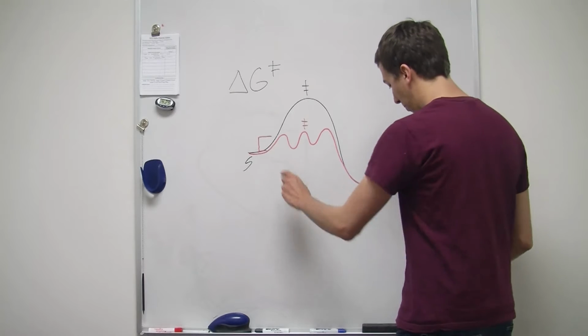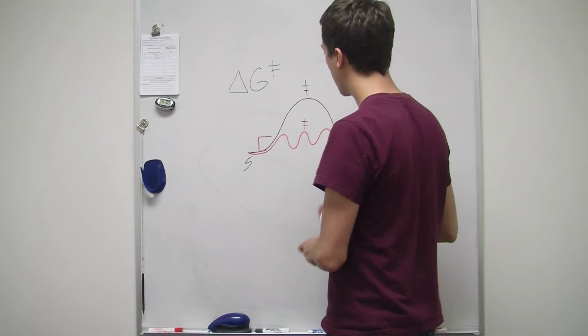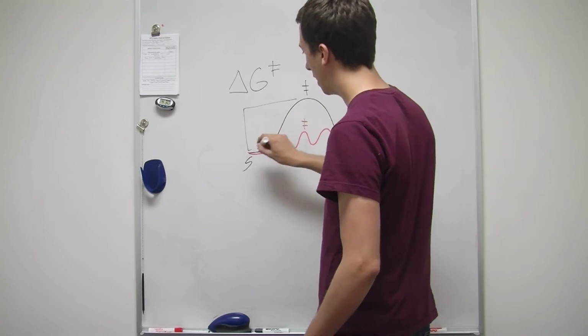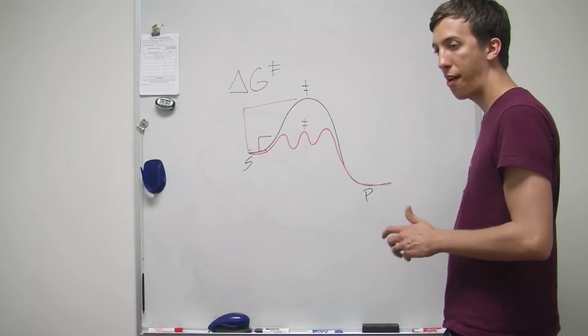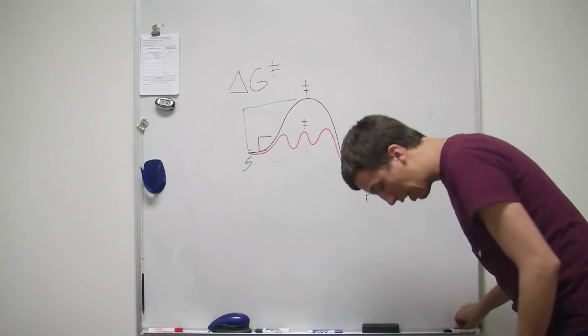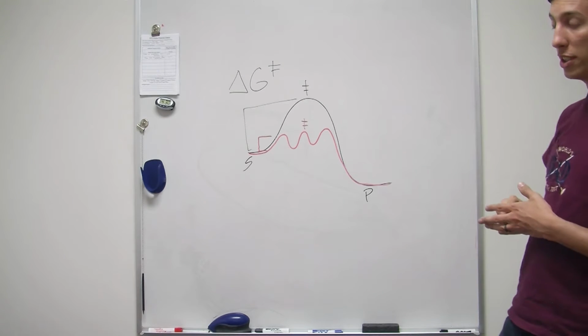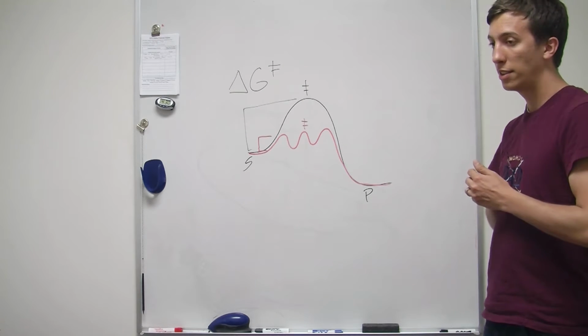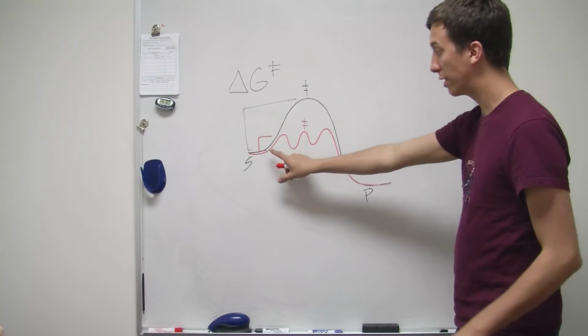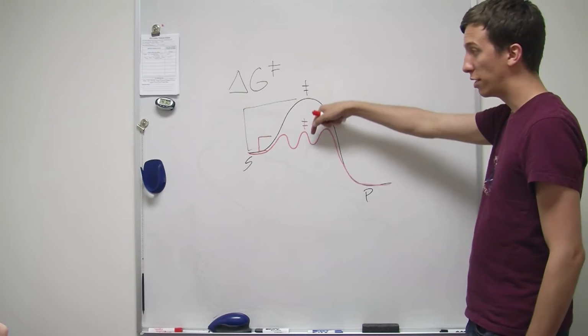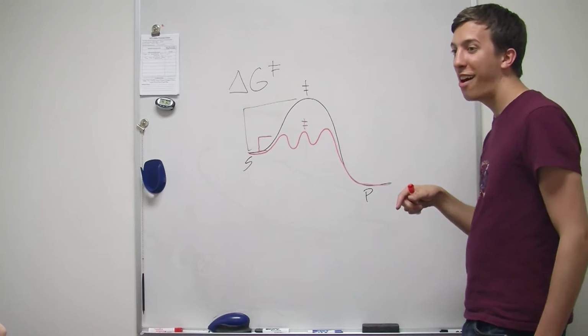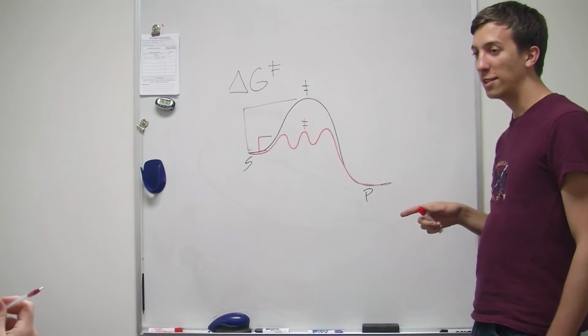So we've got a little bit versus a lot of it, like 3 times as much. Does delta G double dagger, the transition state energy, change? Yes, because with an enzyme it goes down.